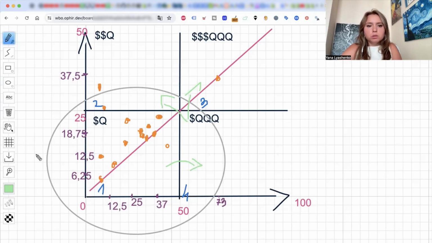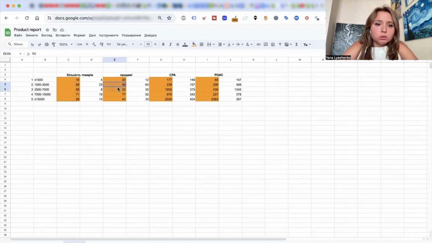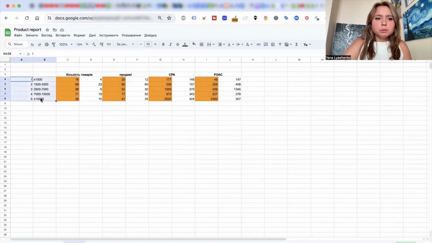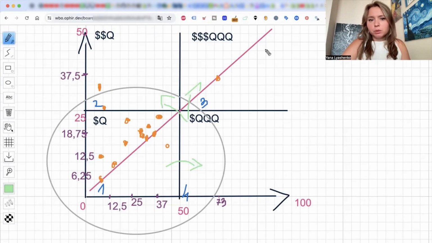You always get great return on ad spend, because this square proportionally starts to increase or change its scale as soon as you start scaling in one direction or another. So, I also calculated the sales, and that's what I got. This segment is about the price ranges 1, 2, 3, 4, 5, as I will apply here now.